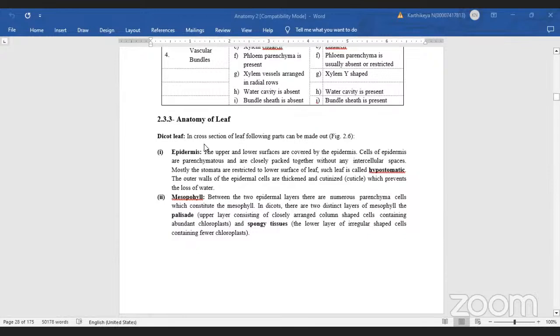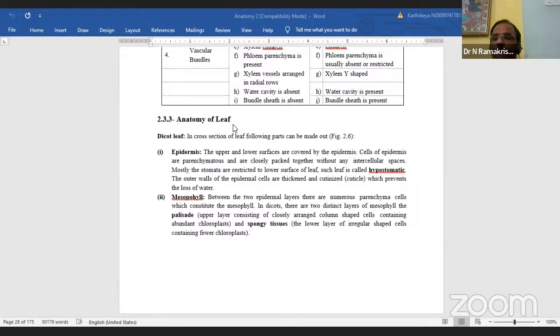Yes, sir. Next, now we are going to the third one, the leaf. Generally, leaves are of 3 types. The first is the dorsiventral leaf, the second is the isobilateral leaf, and the third is the round leaf. What is a dorsiventral leaf? It has a dorsal side and a ventral side.